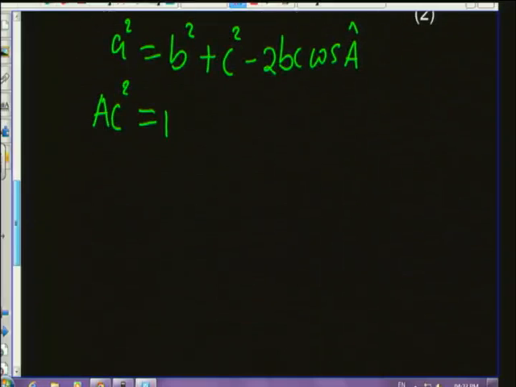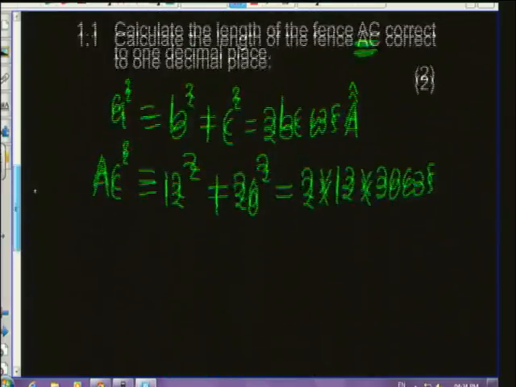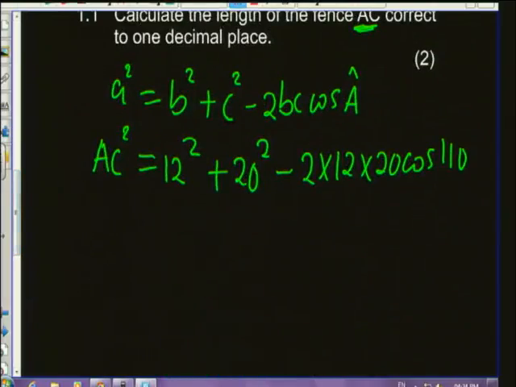So I've got 12 squared plus 20 squared minus, okay? Now, minus 2 times 12 times 20 cos of the included angle, guys. The included angle here is 110, all right? So it's 110.